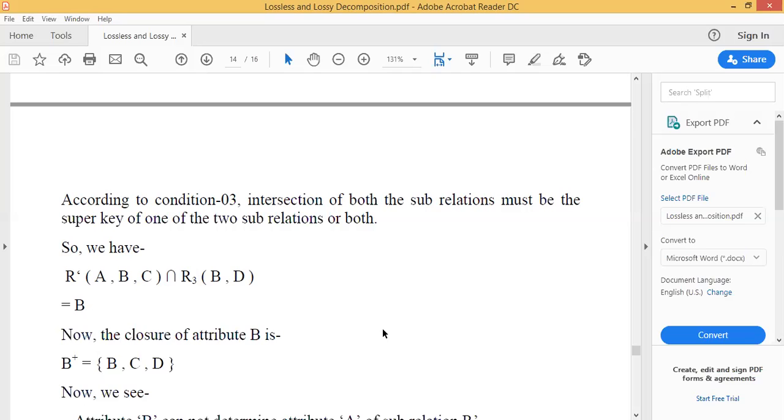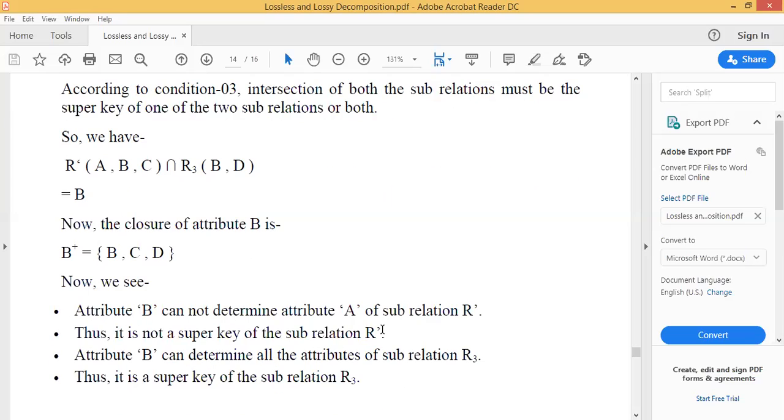Now we see attribute B cannot determine A of the subrelation R dash.